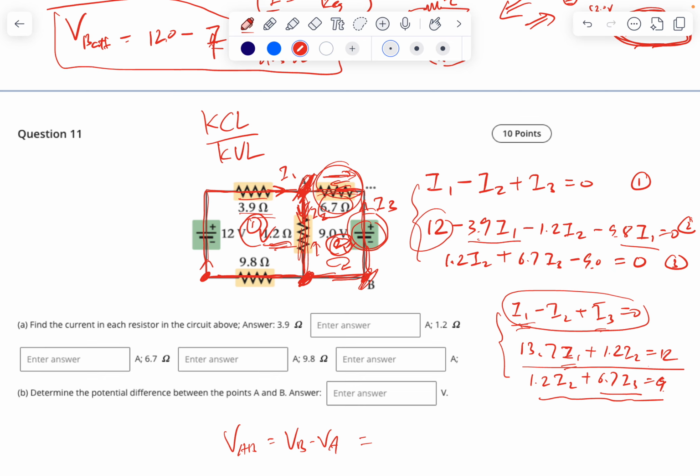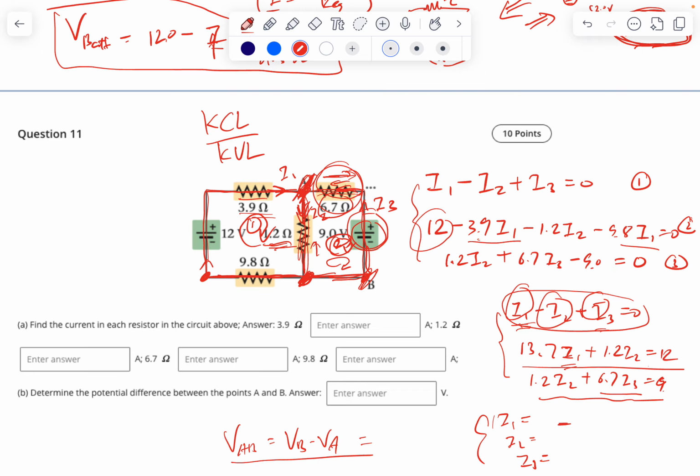Okay, one more thing I want to say here. If you solve for I1, I2, I3, and some of them are negative, that means you assigned the wrong direction.